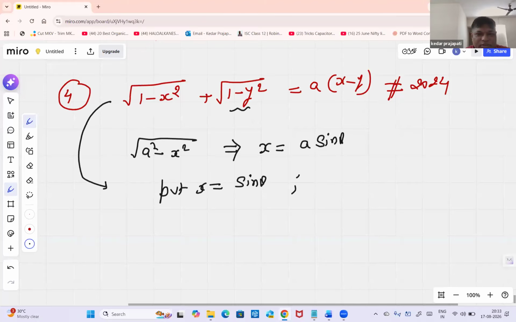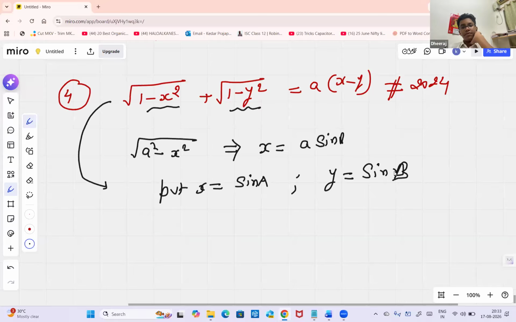And now y is also coming, right? Now we have to take both. Y equal to, now I cannot take sine theta and theta both same way, right? So for simplicity, I'll just change it to A. And y equal to sine B. Clear?